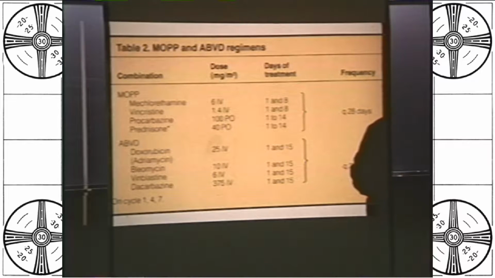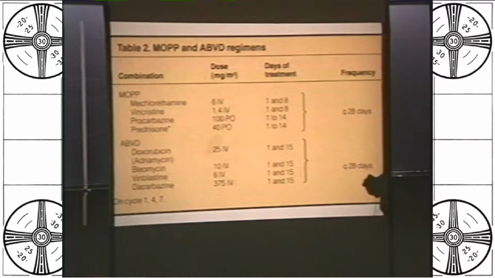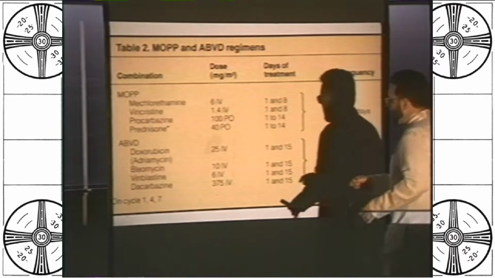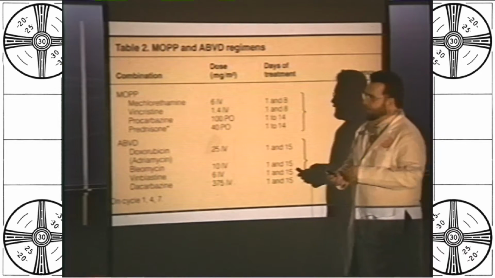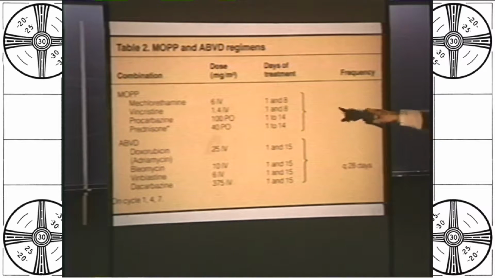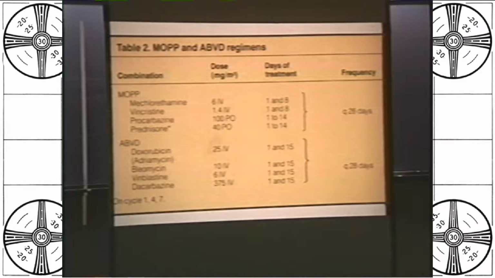It's not used that frequently today because it's quite toxic, very emetogenic, the nitrogen mustard and the procarbazine. It has a lot of side effects, especially long-term, that we'll talk about. But it's as effective as anything. And now we have other chemotherapies that are as effective, but with fewer side effects. But it's something like medical culture. Somebody might ask you the history of chemotherapy, and it started basically here, in terms of curative treatment.